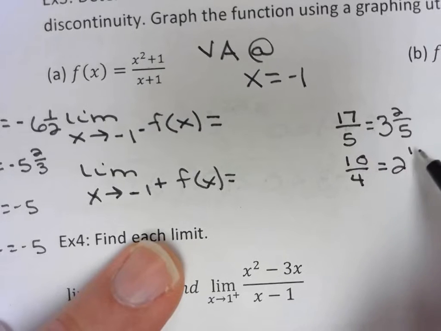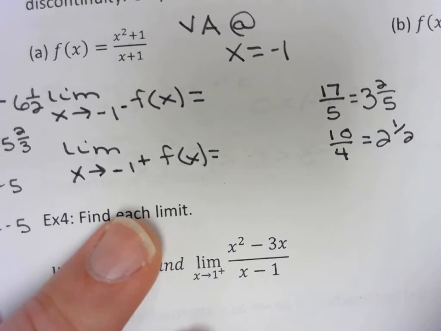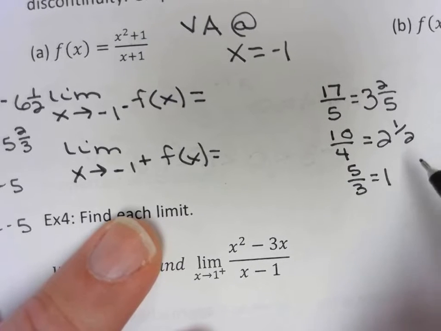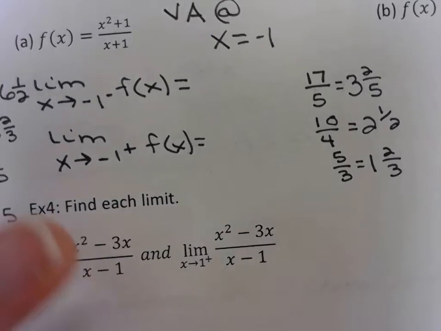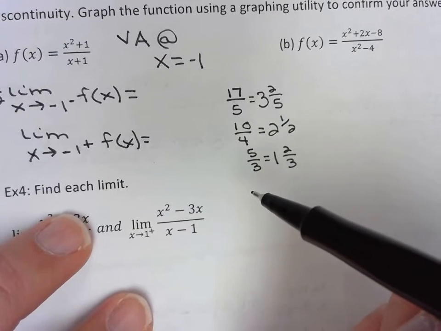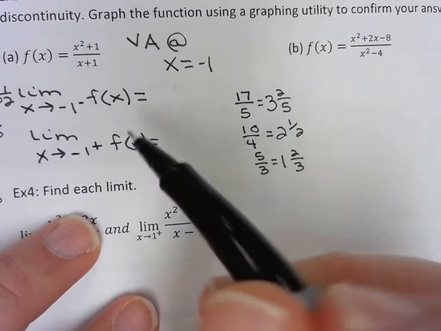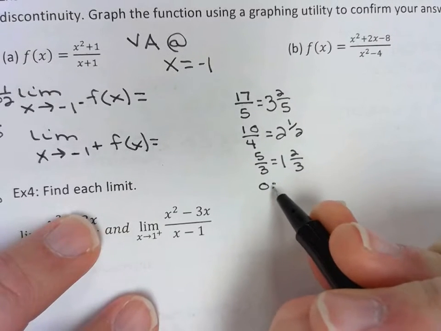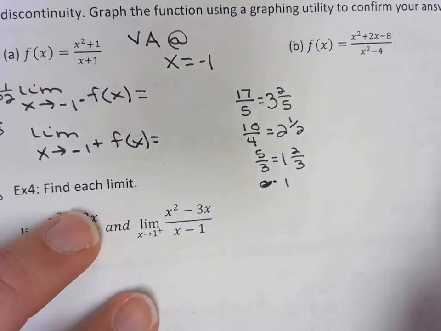So 2.5. As I plug in 2, I get 5 over 3. So 1 2/3. As I plug in 0, I get 1. And that's good enough.